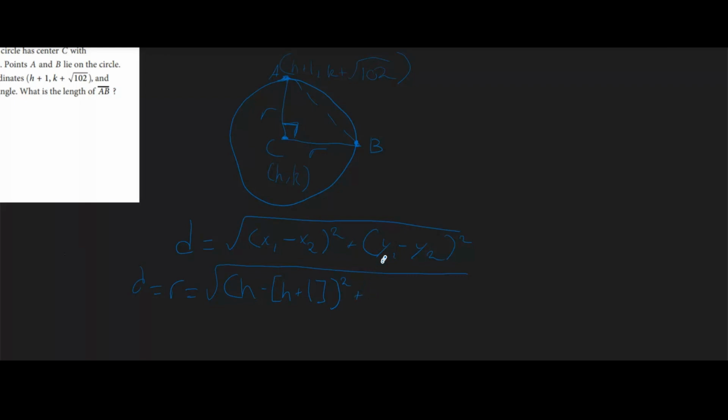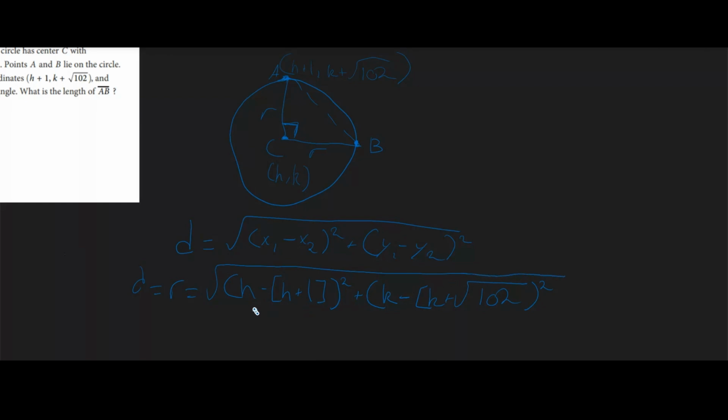Plus y1, which is going to be k, minus our y2, which is going to be k plus the root of 102, and this one is all squared.